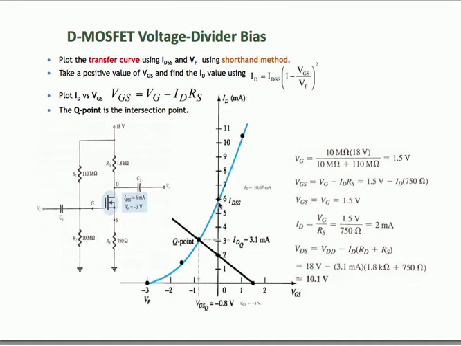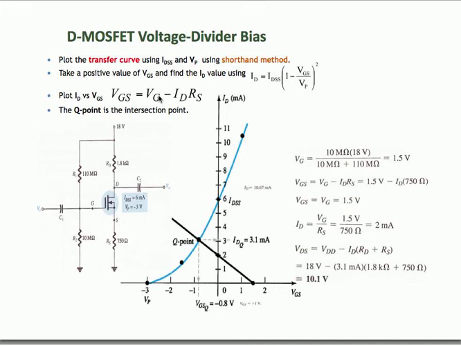So if you need to know the magnitude of drain current with a positive gate voltage, you use the Shockley equation. You just substitute the value of VGS with a positive gate voltage, and you get your drain current in the enhancement mode. So that's one point over here, operated at the positive gate voltage. So that's the first and second step.